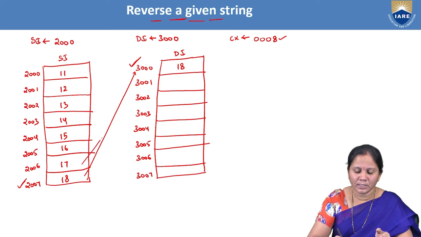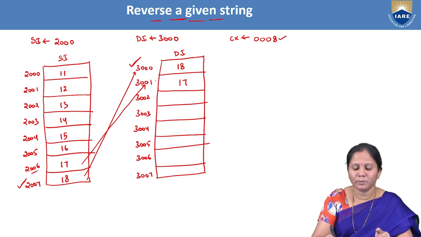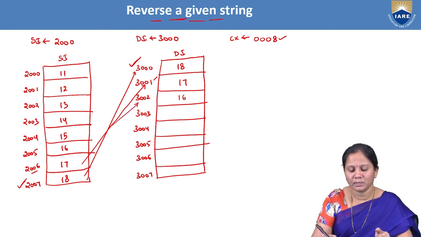And next, this 17 value should be moved. This 17 is present in the 2006 location, and it should be moved into the 3001 location. Next, the 2005 location value 16 should be moved into 3002, so 16 comes here.